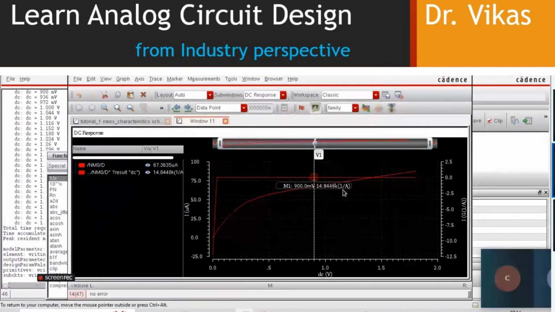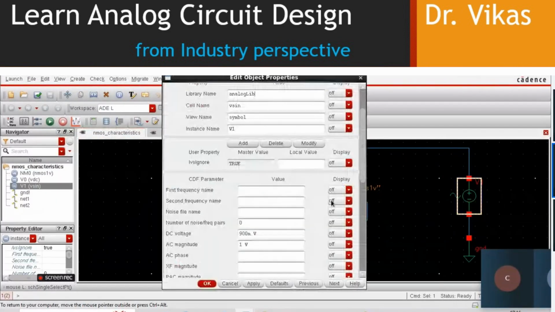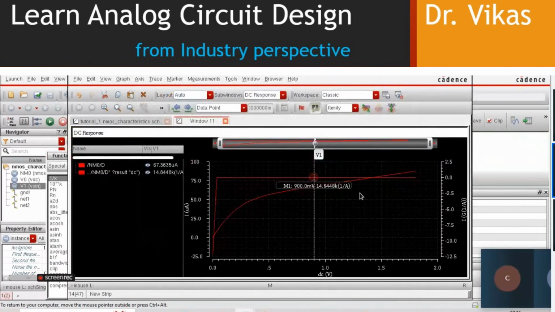What exactly does this 1 by A indicate? The 1 is basically the magnitude of the voltage that you took over here in the schematic. What is the magnitude of this supply? The AC magnitude you took was 1, right? So that is 1 volt, and that is V divided by A. That means V by A will be your R, and the unit will be ohm.